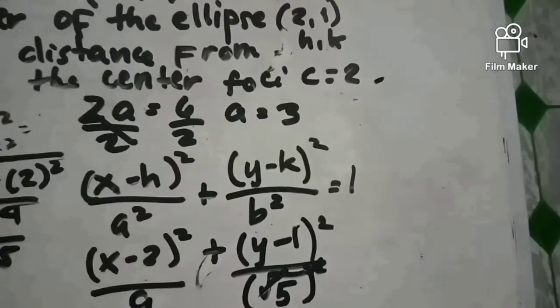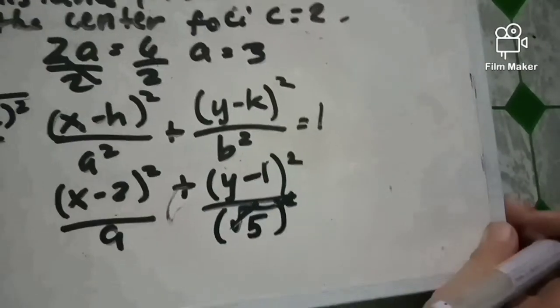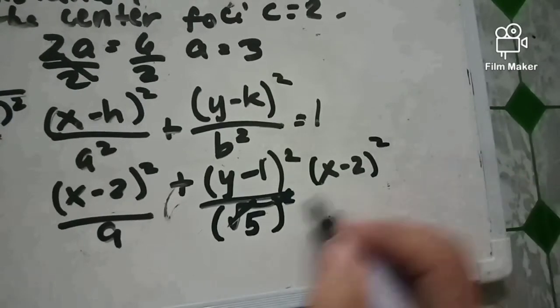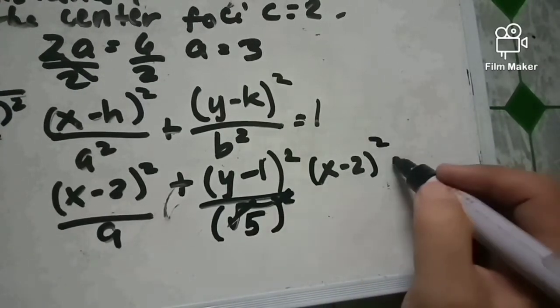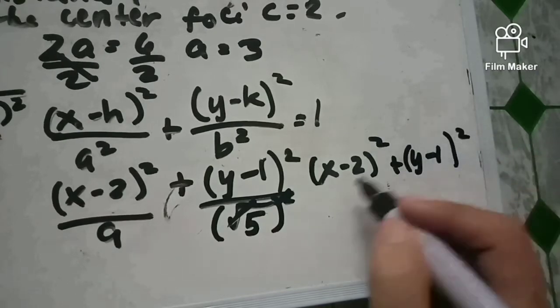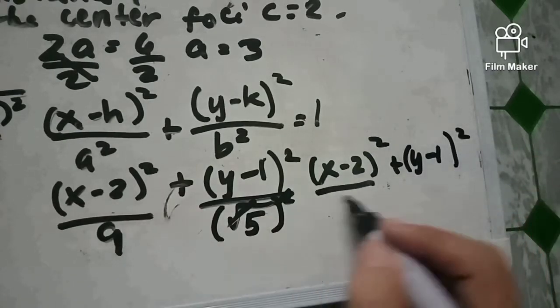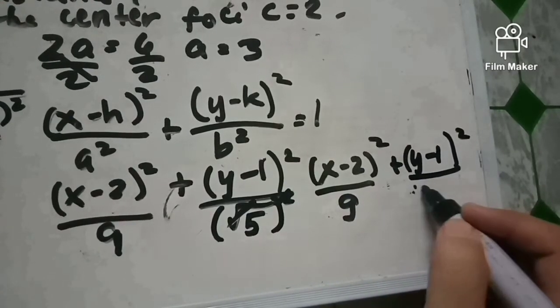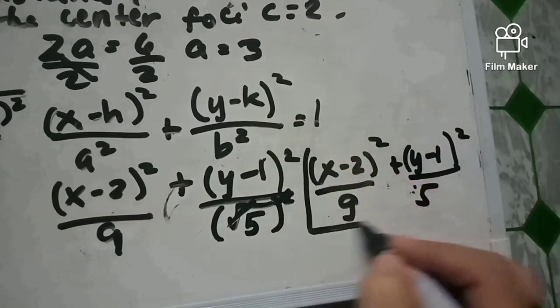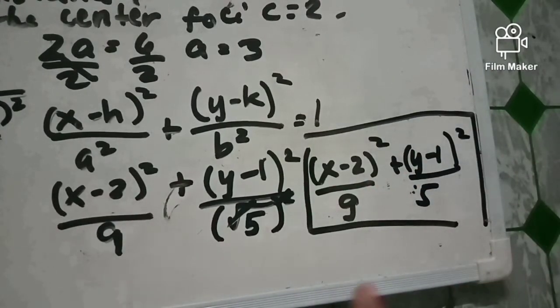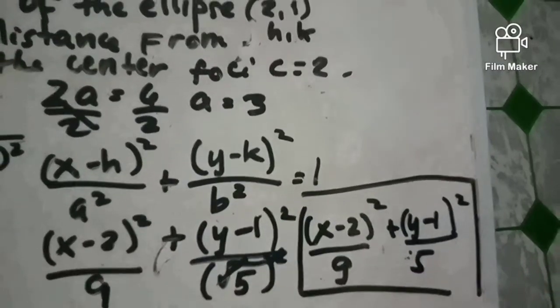So, meron siyang natitirang (X minus 2) squared over 9 plus (Y minus 1) squared over 5. So this will be our final answer. So yan ang magiging answer niya sa given.